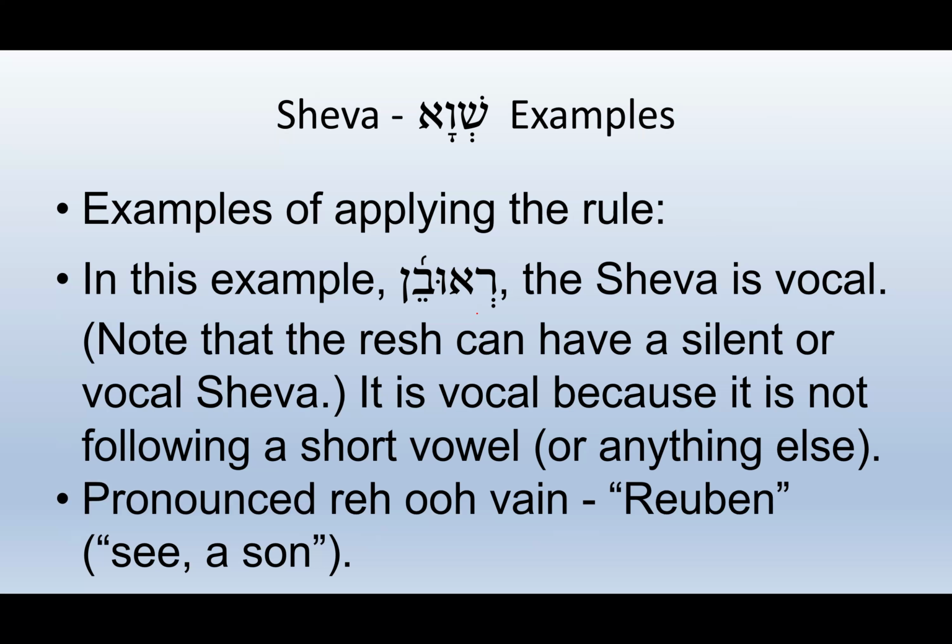Now, this is a name, Reuven. The shva is vocal, it's the first letter. Notice the resh has a vocal shva here. Now they have an aleph, but there's no vowel really, so those two would have to go together.